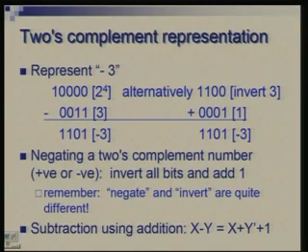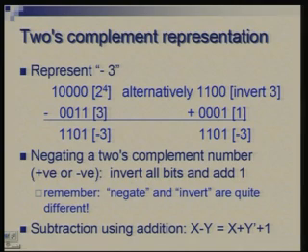Okay, now this way of relating negative numbers to their representation brings us to an easy way of doing subtraction. Suppose you want to carry out subtraction of x and y, you want to do x minus y.